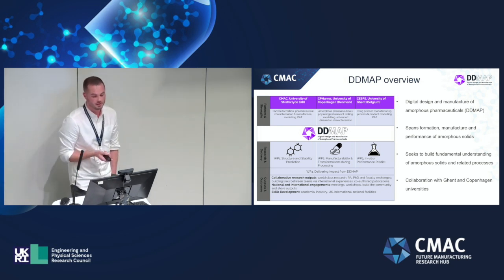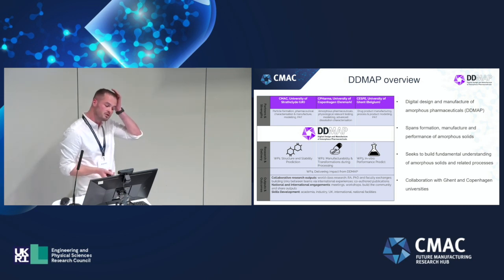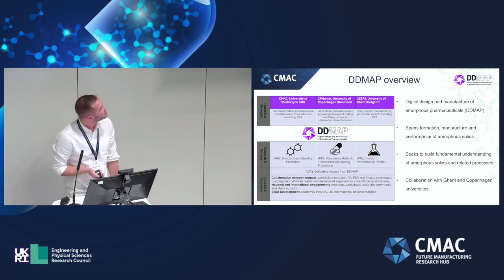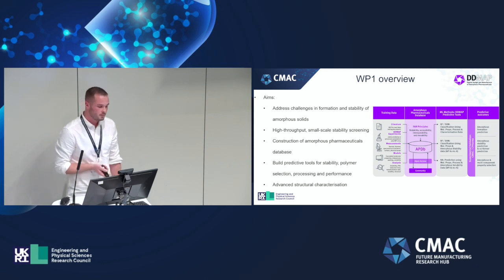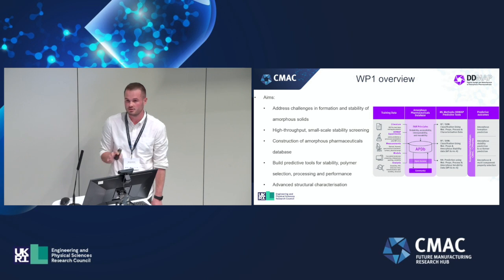And work package 3 performs these materials in vitro and generates models to describe those processes. And there are aligned students working in different areas like co-precipitation, spray drying, etc., and thermal degradation, etc., and hot melt extrusion. But into work package 1, specifically focusing on formation, stability and structure.